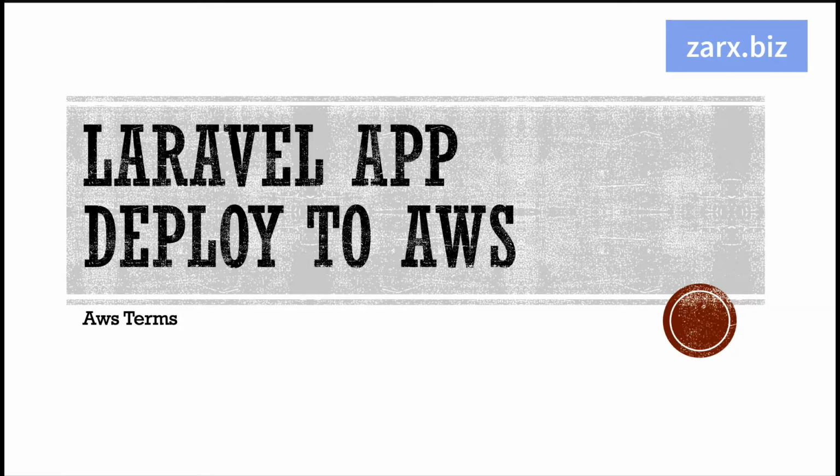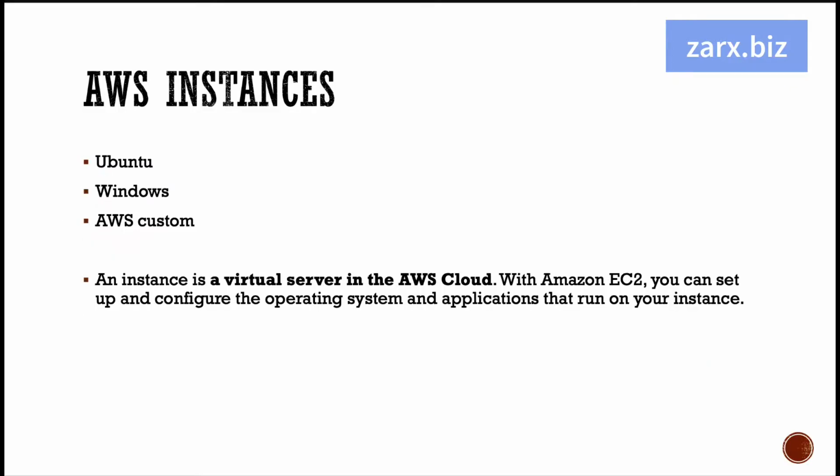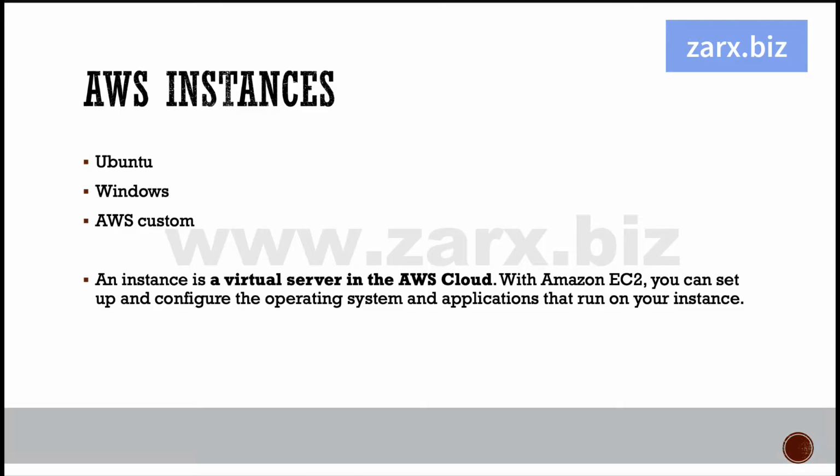Before we continue, I want you to know a few terms that I will be using in this video. First is the AWS instance. What is an instance? An instance is a virtual server in the AWS cloud. With AWS EC2, you can set up and configure the operating system and applications that run on your instance.